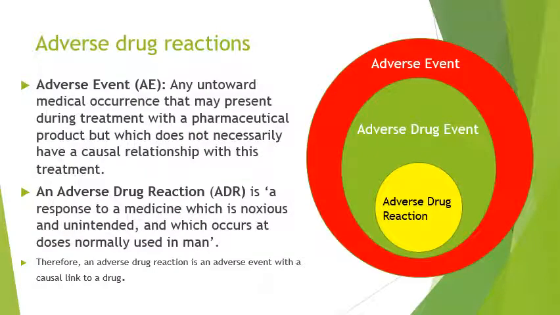To understand what is adverse drug reaction, first we have to talk about what are adverse events. Then we will talk about adverse drug events, and then only we can understand what are adverse drug reactions.